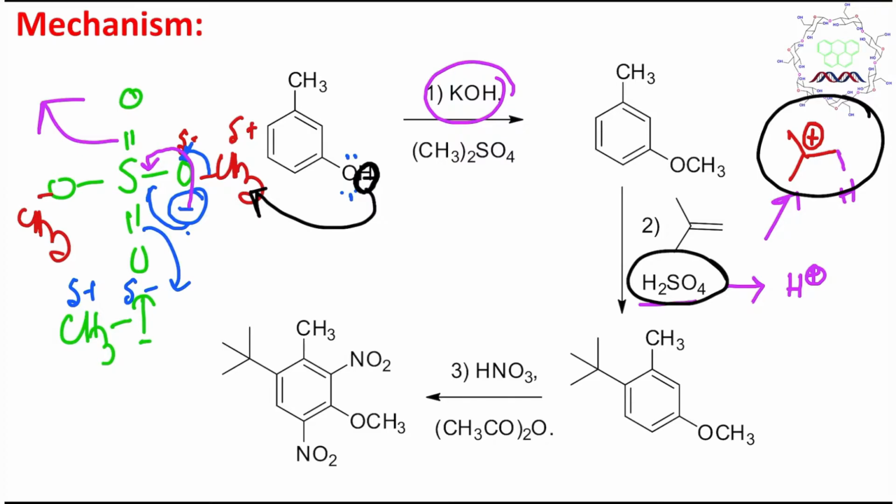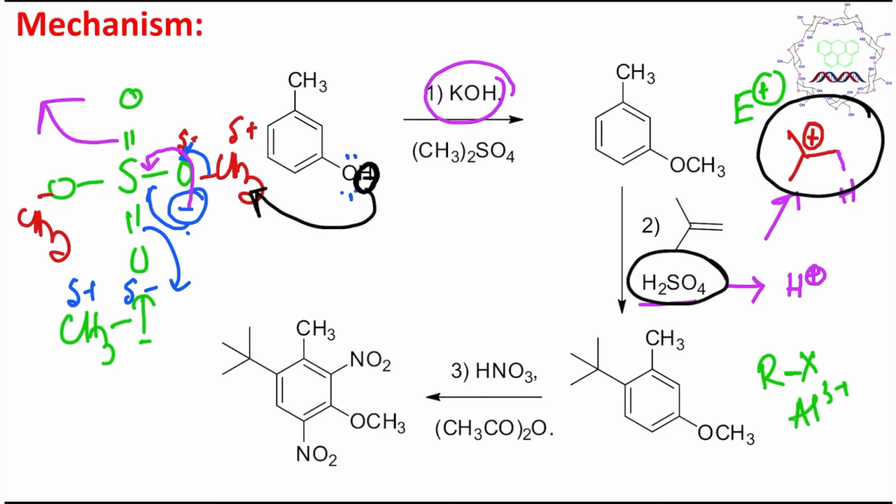Now in this way we produce a tertiary butyl cation, and in the next step it will act as an electrophile for Friedel-Crafts alkylation reaction. In Friedel-Crafts reaction you have seen that an aluminium 3 catalyst is used, means in that case we use RX plus Al3 plus.